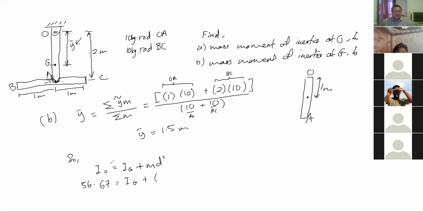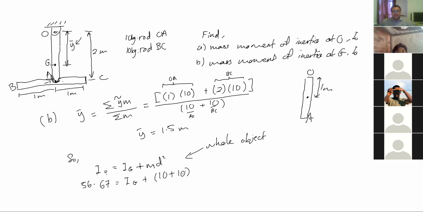For this part down here, it is for the whole object, because G here is the center of mass for the whole T shape. We are not going to solve it as individual parts, and therefore m is going to be the total mass.